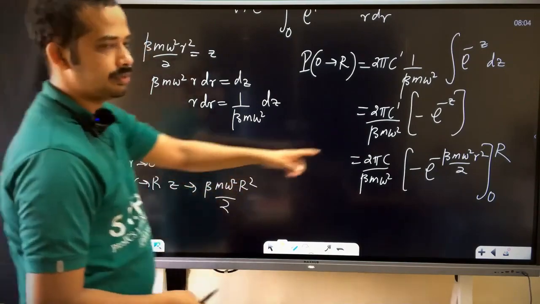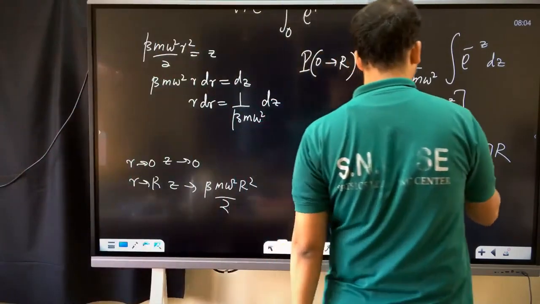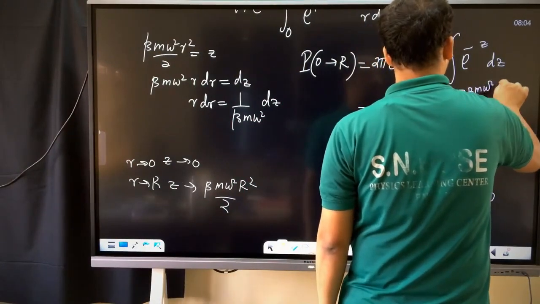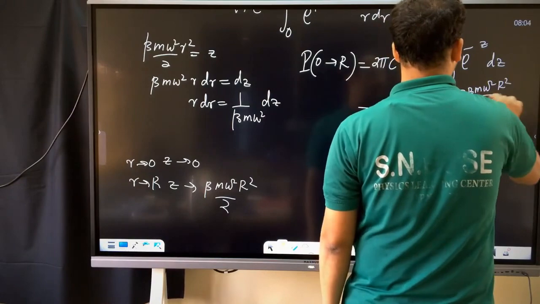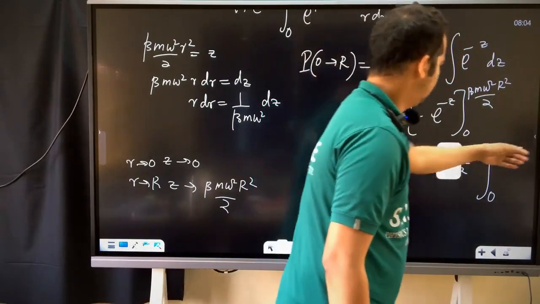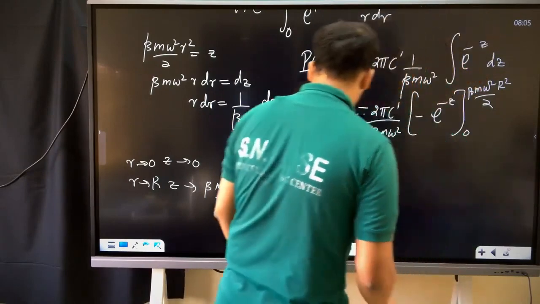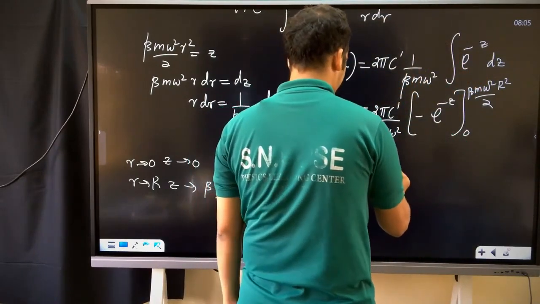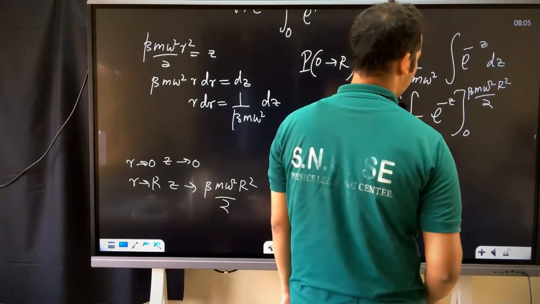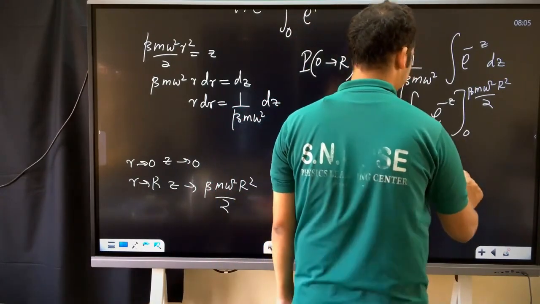You can substitute this also, and that also works. If you wish, 2 pi c prime divided by beta m omega square, I'll put the lower limit first.